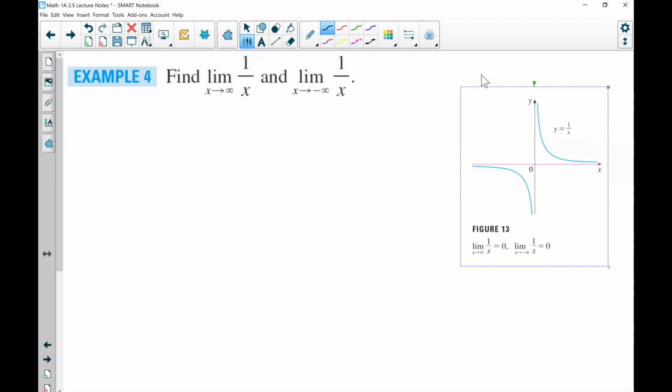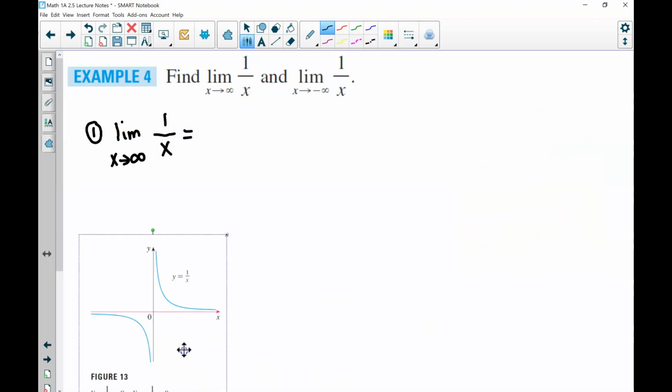Well, we can see from the graph the limit as x is approaching positive infinity of the function 1 over x.